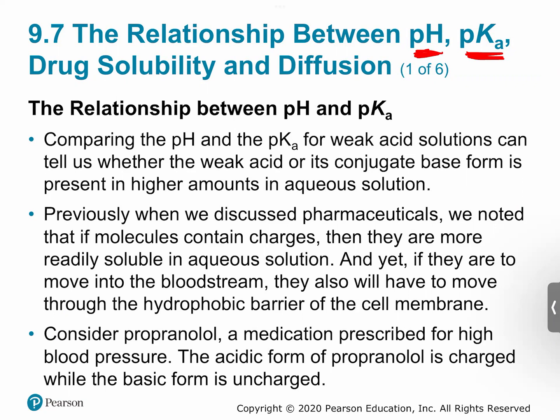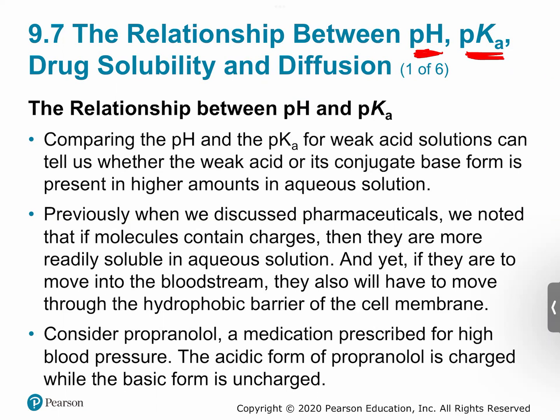By comparing the pH and the pKa of weak acid solutions, we know if an acid is in its weak acid or its conjugate base form. So we'll be able to tell, is the weak acid form present in higher amounts, or is the conjugate base form present in higher amounts in aqueous solution?